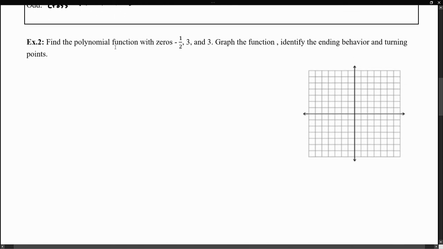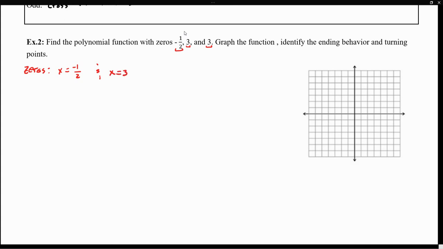Let's find a polynomial function with 3 zeros. Notice that here, the zeros are already given to us: -1/2, 3, and 3. So let's just write that out. We have zeros at x equals -1/2, and also at x equals 3.